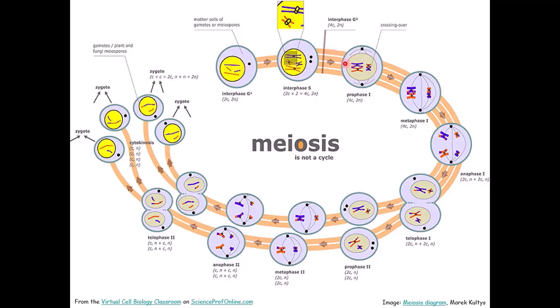Synapsis is the pairing of homologous chromosomes. See that they're pairing up. There is also disintegration of the nuclear membrane, formation of spindle fibers, and crossing over.